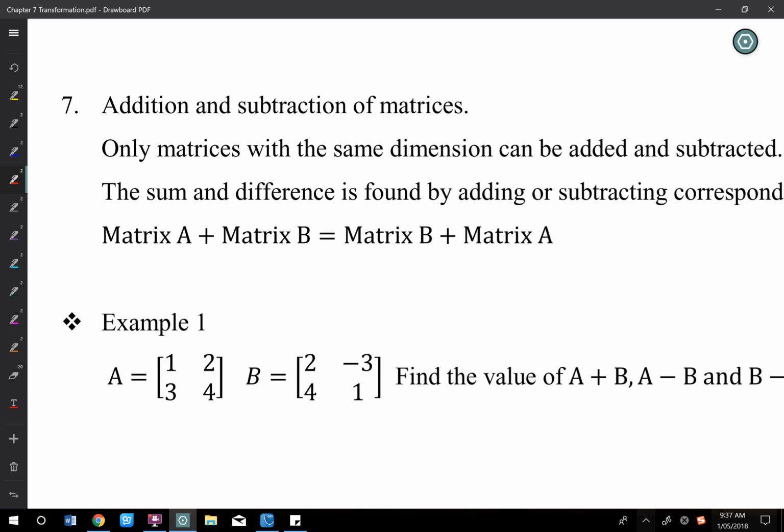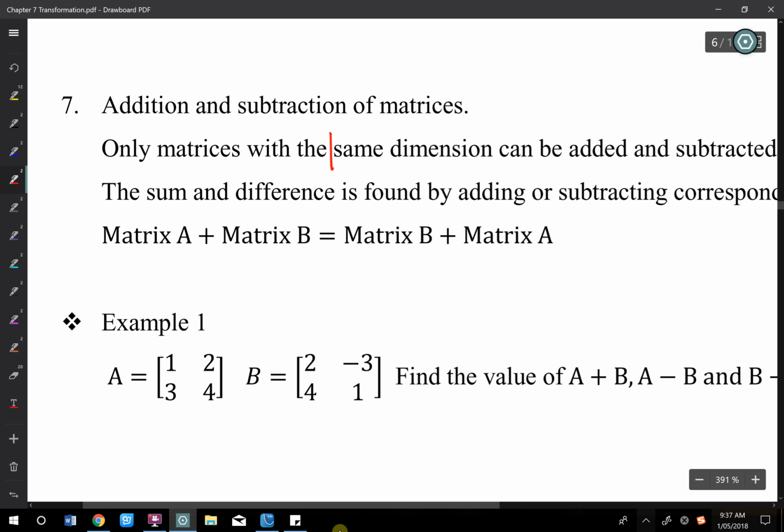Same order means 3 times 2 and 3 times 2, or 1 times 1 and 1 times 1, or 2 times 2 and 2 times 2. But 2 times 4 and 4 times 2 are not the same order. So only matrices of the same dimension can be added or subtracted. The requirement is same dimension for addition and subtraction.